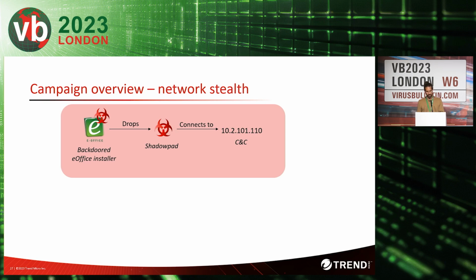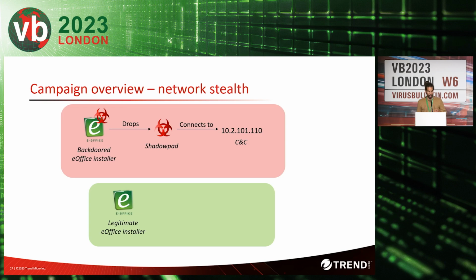It actually contained this IP address, so we are sure that this IP address was the command and control server for this ShadowPad sample. And then when we retrieved the actual legitimate e-office installer later on, we ran it in a virtual machine, and we checked the connections, and we saw again a connection to the same IP address.